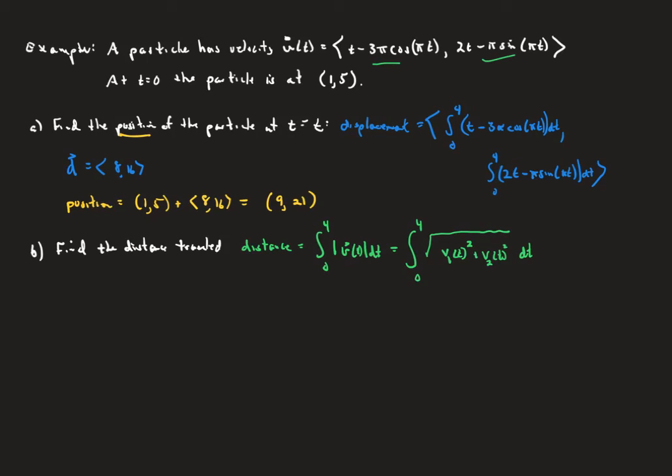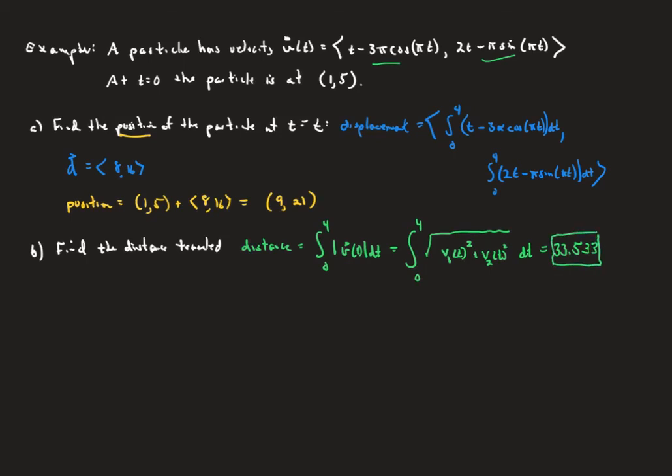Now this is not one that we're going to be able to do by hand, so I guess the good news is you can plug this into your calculator, and if you want to compare it to what I got, 33.533 as the distance traveled.